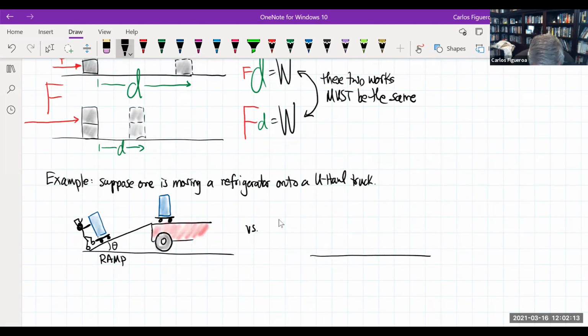And so in this scenario, what are we talking about? Well, we have the same situation, right? But now you've got the refrigerator down here, and when you're looking at that refrigerator, your whole goal is to raise it all the way up here.